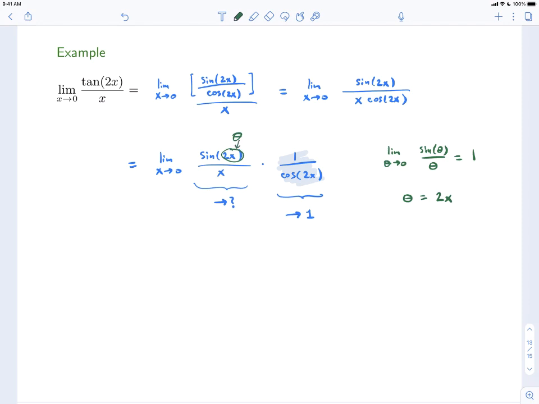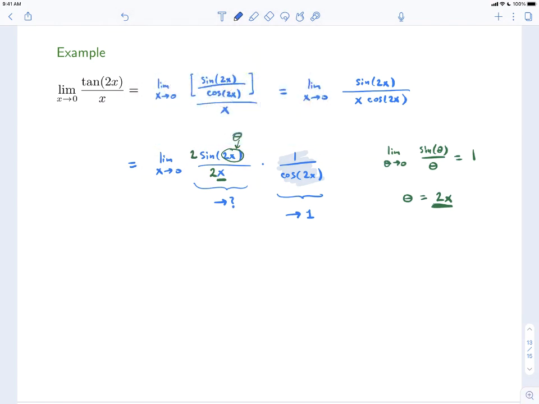The problem is we don't have theta in the denominator, but we almost do. We have a 2x, and we only have an x, but you just put a 2 there. Of course, if you put a 2 in the denominator, you have to put a 2 in the numerator as well.